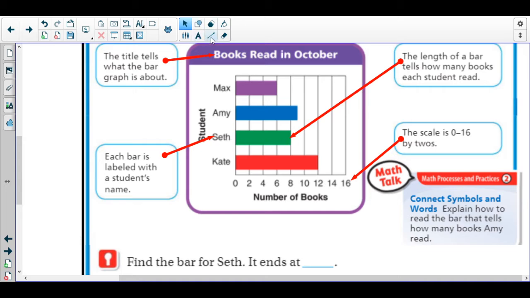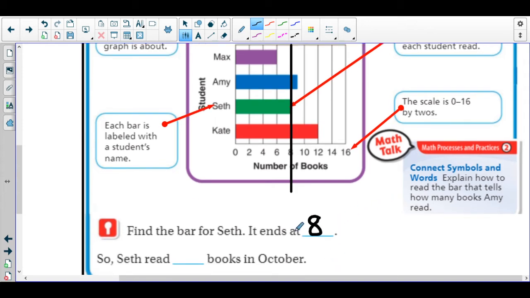And it ends at, see this bar right here, actually if we were to go all the way down, it ends at 8. So Seth read 8 books in October. And that's how you would tell using a bar graph.